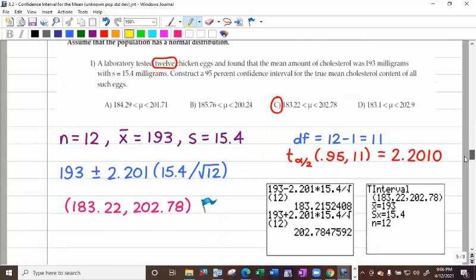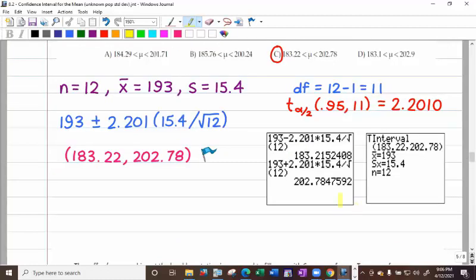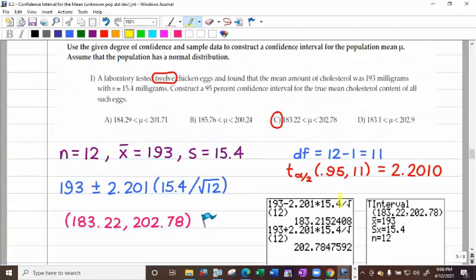Oh, we did the chicken one real quick here. I circled that. There's another one where it gave a word as a number. 12 chicken eggs. How about that? 193 sample mean. There's your S right there.